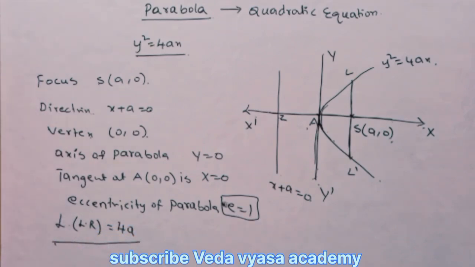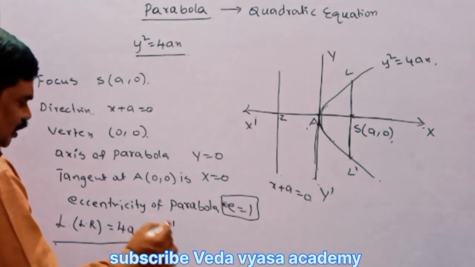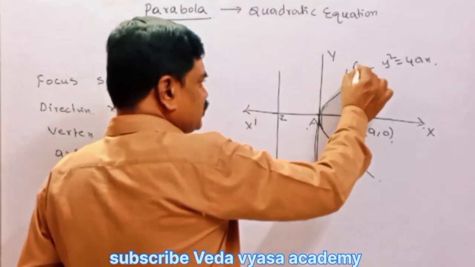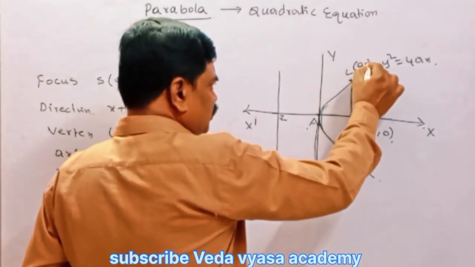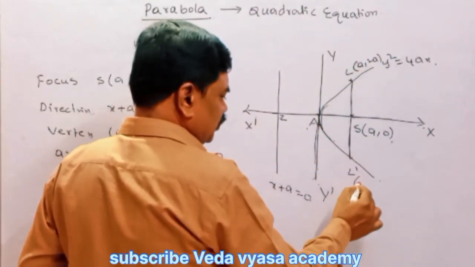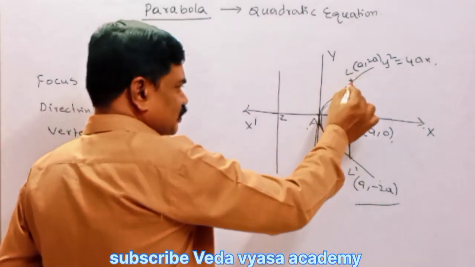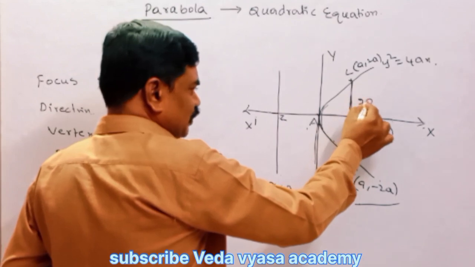These are the points (a, 2a) and (a, minus 2a), each length 2a.